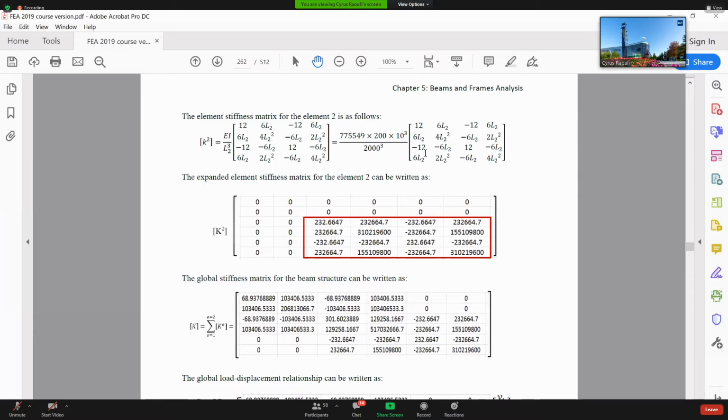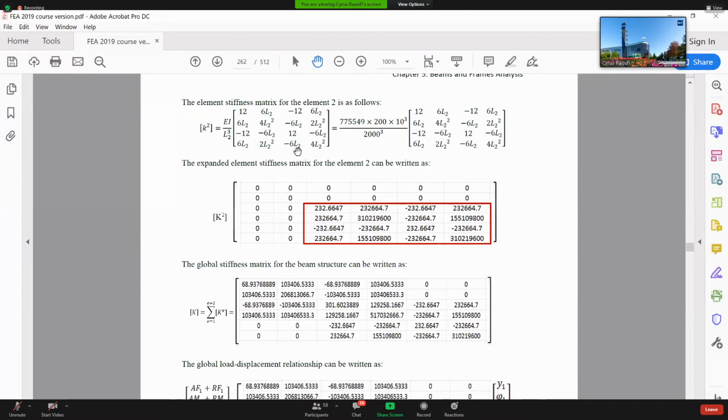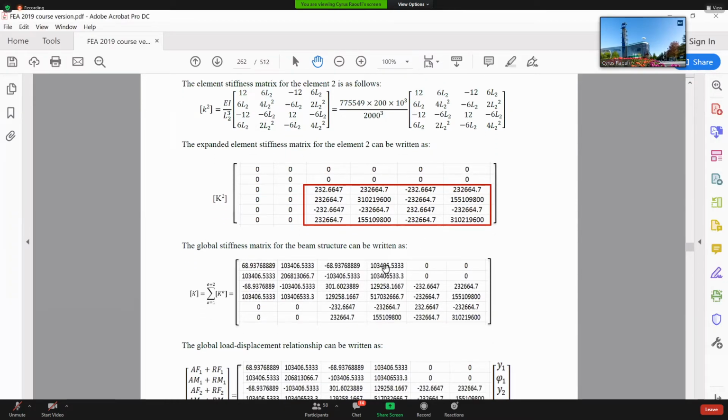Same for the element stiffness matrix for element 2. I'm going to find the expanded element stiffness matrix, this time between 2 and 3. That would be the area, because here I have 2 and 3. Global stiffness matrix: just put them together, sum them up. Then that would be your global stiffness matrix.